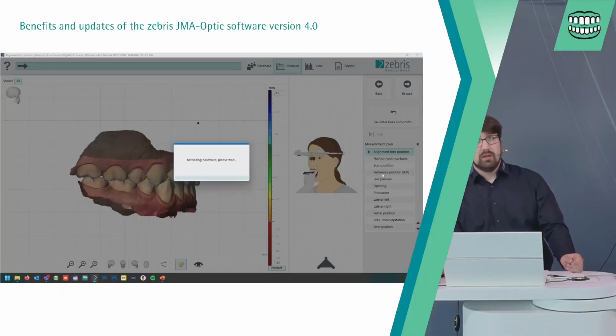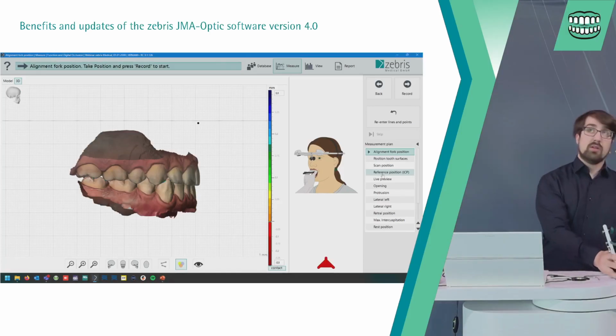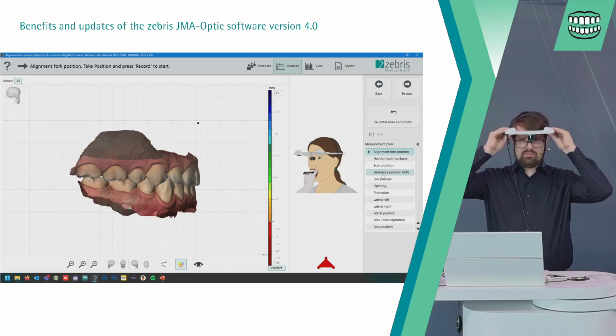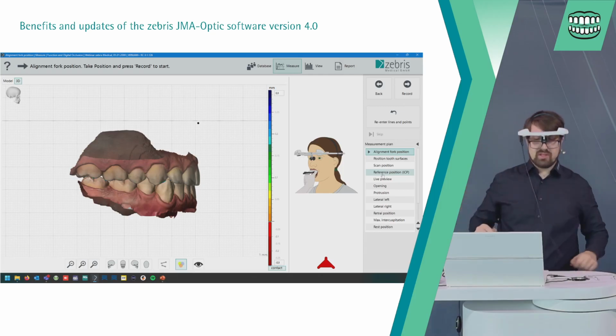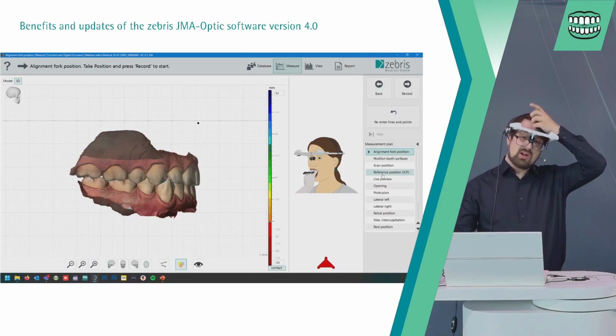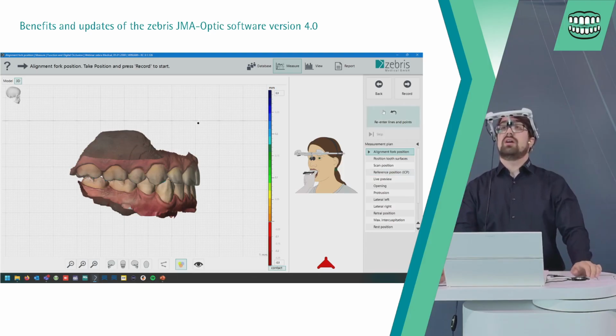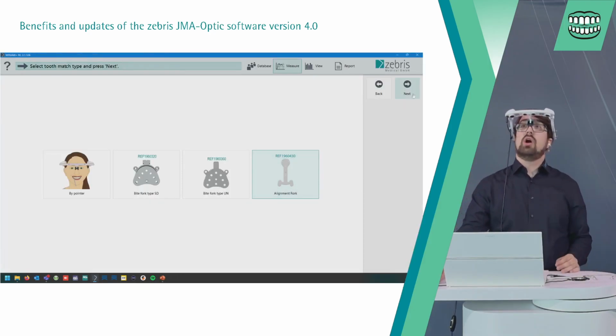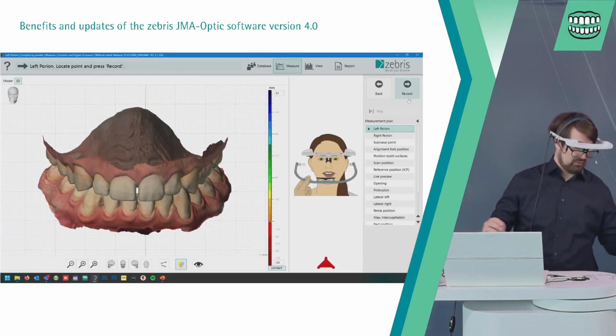Click on Start. I will place the face bow on my head. Because I just removed it from my head, I have to click here, re-enter line and points, to make a new definition of my camper reference plane.